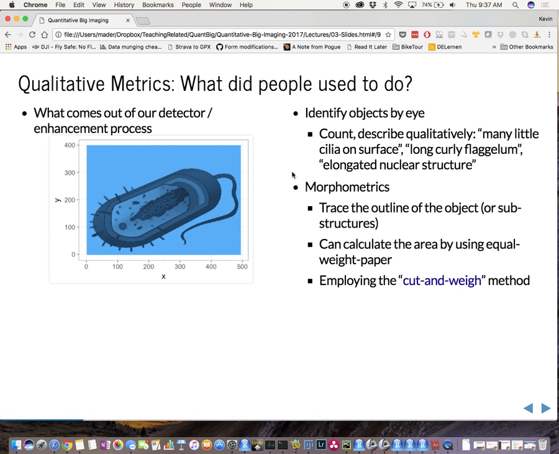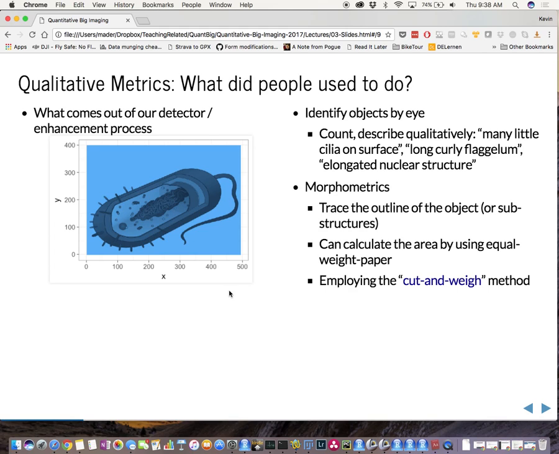There isn't any digitalization, there aren't any algorithms running on it. It's simply put under a microscope and they put their eye on it and look for something that looks suspicious. And so you have something like this and they identify objects by eye, where you describe qualitatively, many little cilia on the surface, or the cell looks very elongated in this direction.